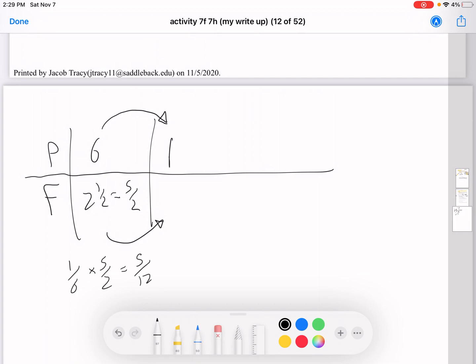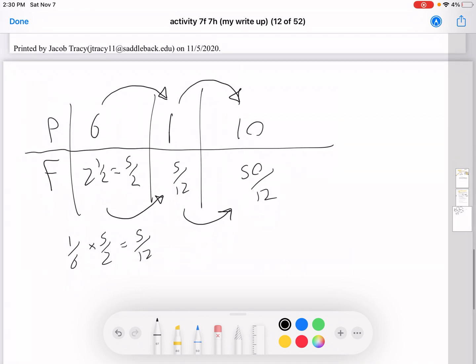Well, that should equal 5/12. But now, if I wanted 10 people, well, that's 10 times this, so that should be 50 over 12. And now if I simplify 50 over 12, that is hopefully 4, and 4 times 12 is 48, so 4 2/12, which can simplify to 4 1/6.